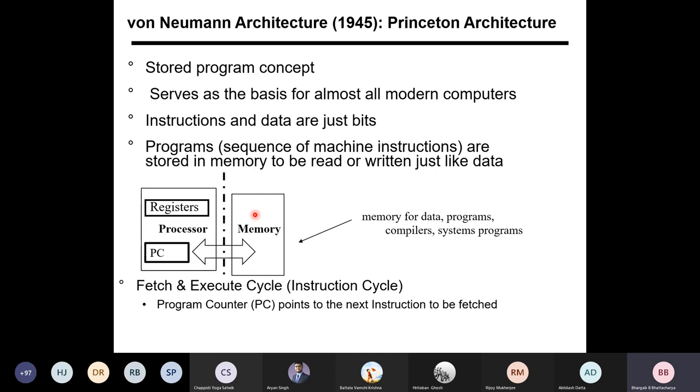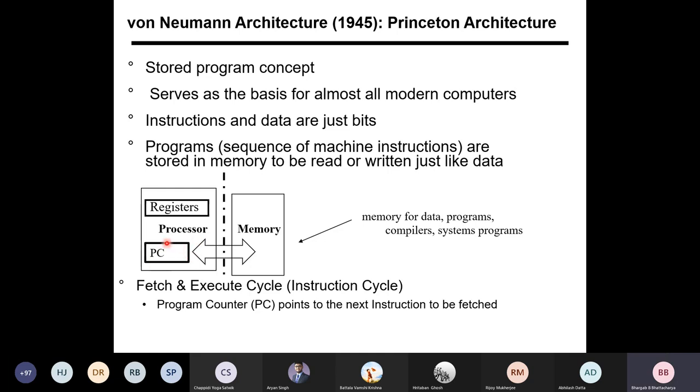Because fetching data as the first operation does not make any sense. The first binary string you have to fetch from memory must be an instruction, because this processor has to be told what actions are to be done, right?